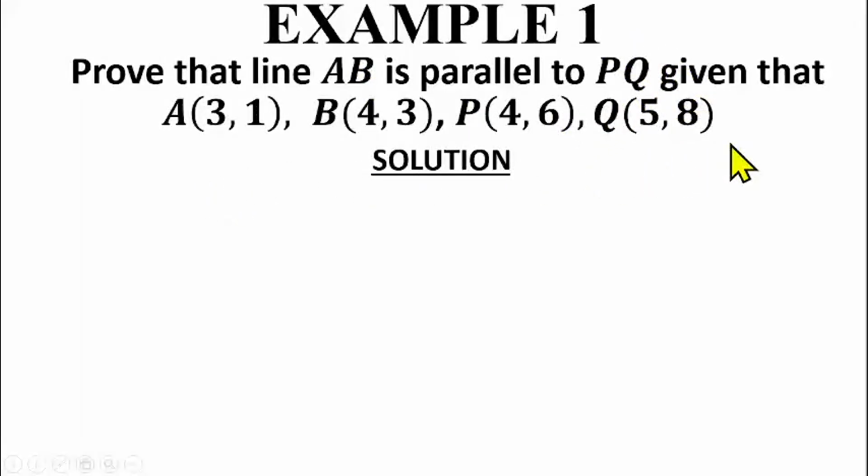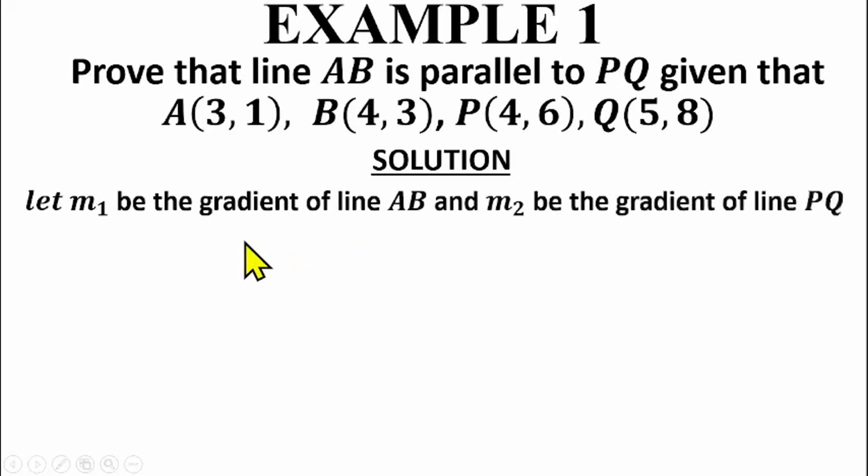If they are equal, we have shown that they are parallel. Let M1 be the gradient of line AB, and let M2 be the gradient of line PQ.